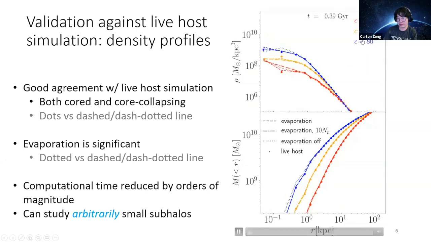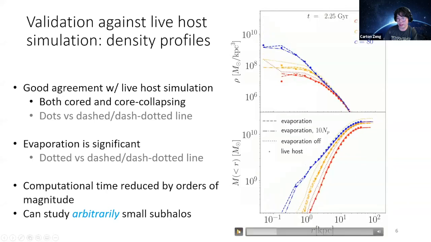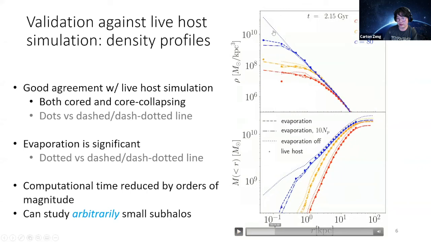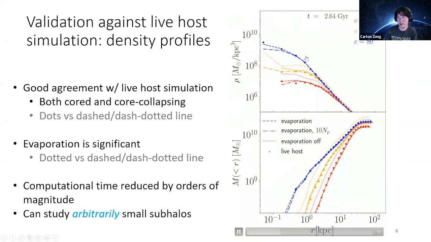As a spoiler, the blue one, or c equals 8, is going to have core collapse happening at about 2 gigayears. So we already see the difference of including evaporation or not. Right before, okay, this dotted halo is core collapsing, so we have to terminate it here, so it's gone. But the other blue one still remains.